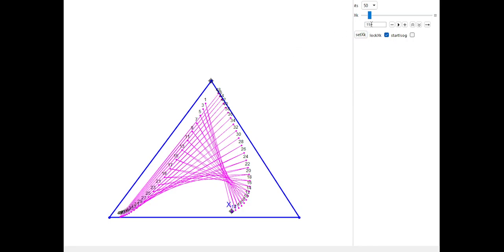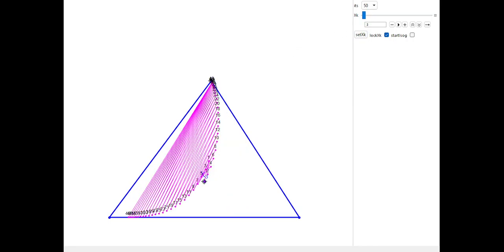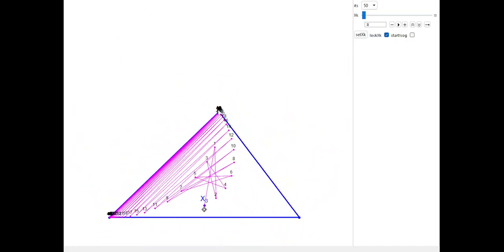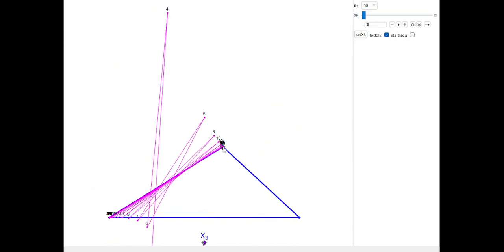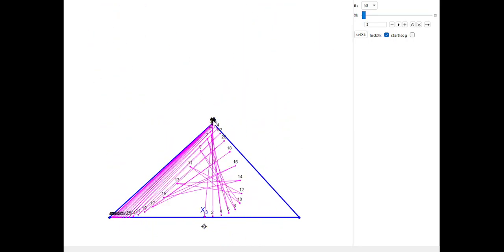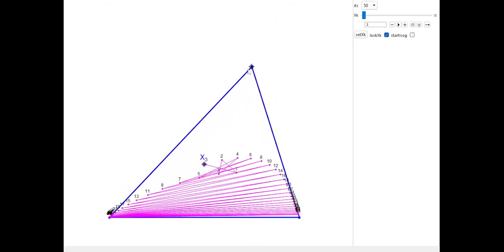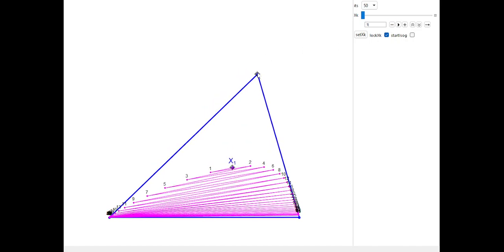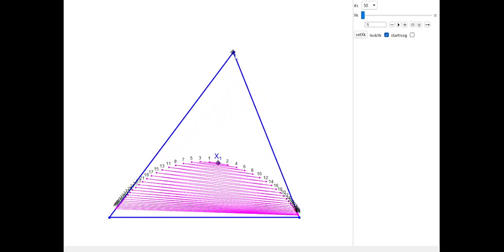How about X3, the circumcenter? Is there anything special about it? I couldn't find anything special. It gets a little unstable when the triangle transitions into an obtuse triangle, but there's nothing extremely interesting here. How about the incenter? Is there a different curve?